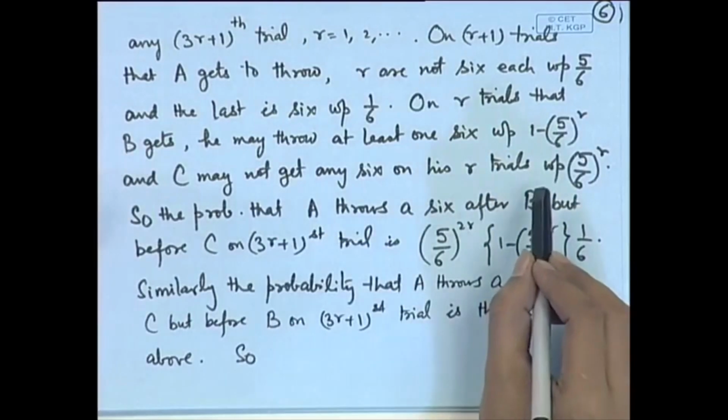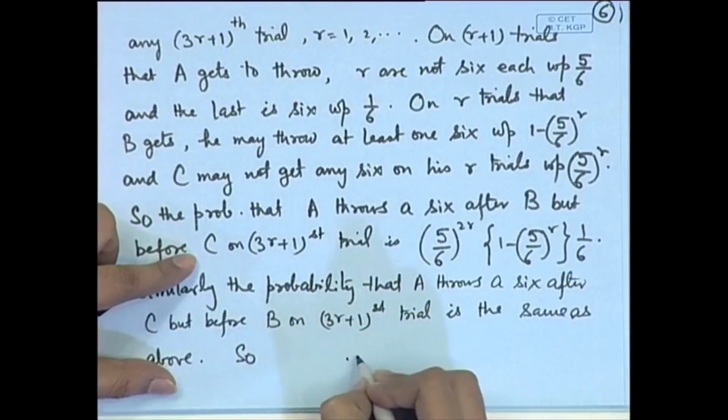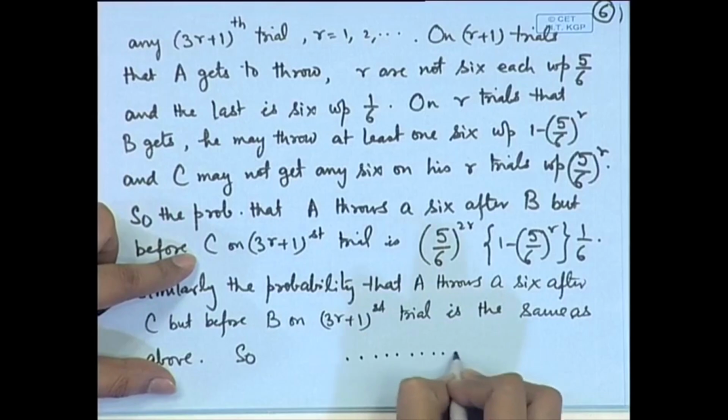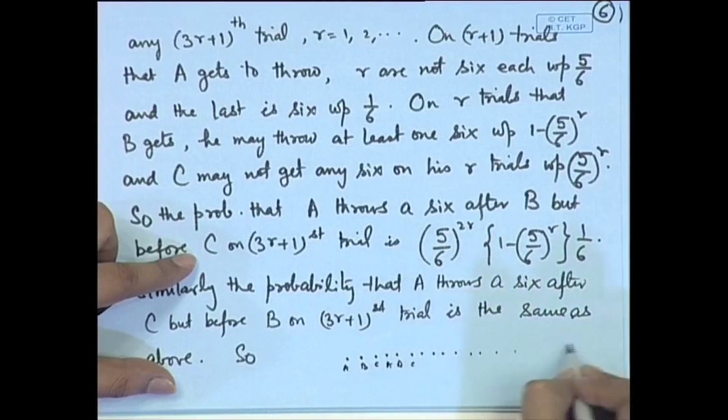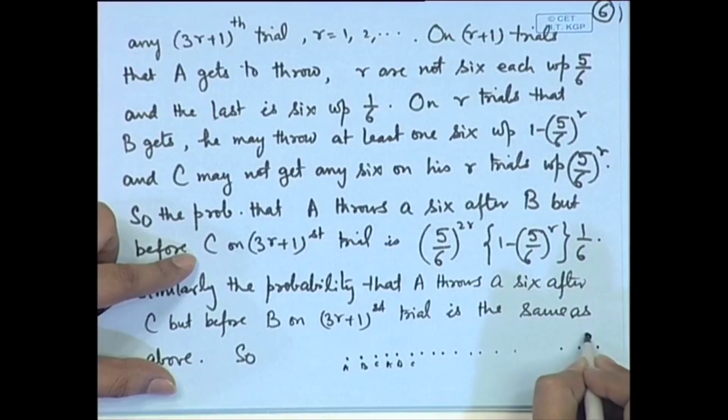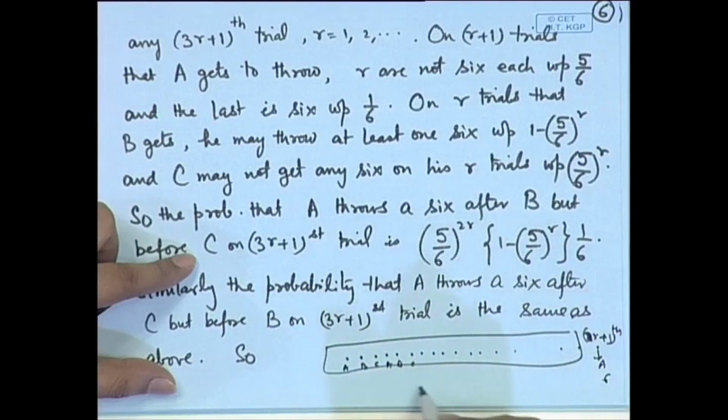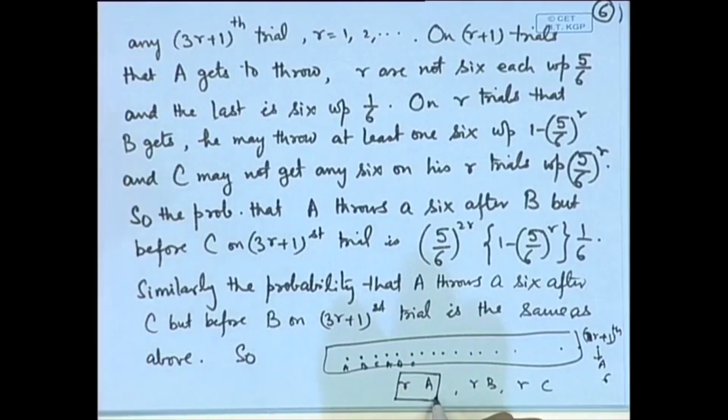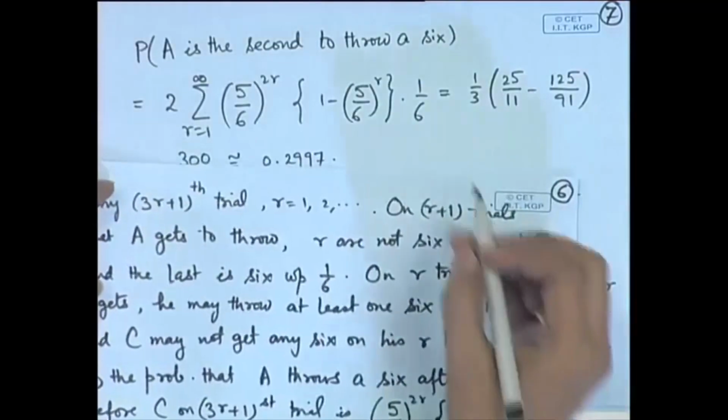Now, the entire event can be split, that you have A, B, C, etcetera, and this is the 3r plus 1th trial. Here A gets a 6, and before that there are r trials for A, r trials for B, and r trials for C. In the r trials for A, there is no 6, therefore the probability of that is 5 by 6 to the power r.